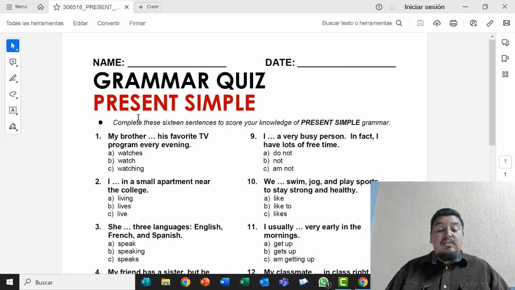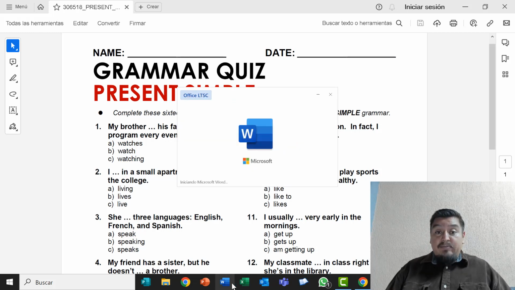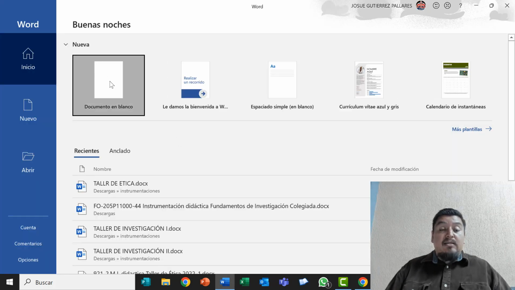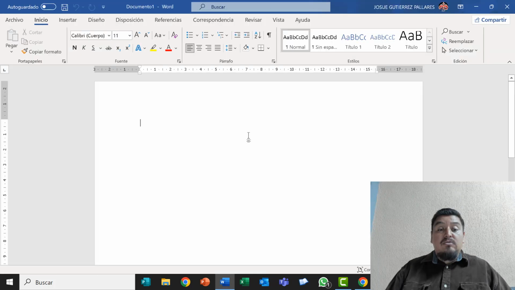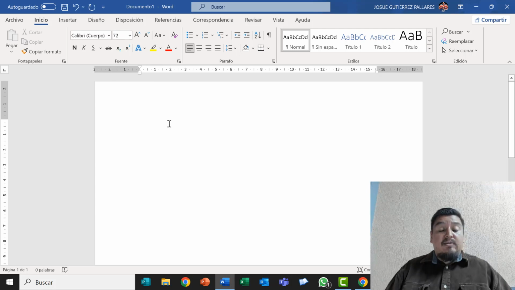So I have here the same exercise, but I'm going to explain something about simple present, or present simple. Okay, it's very important that you know all the pronouns.